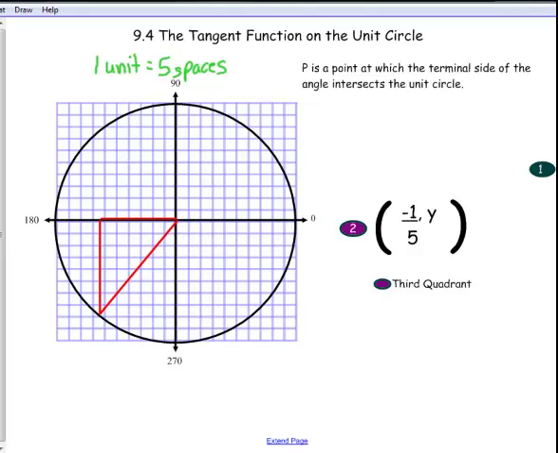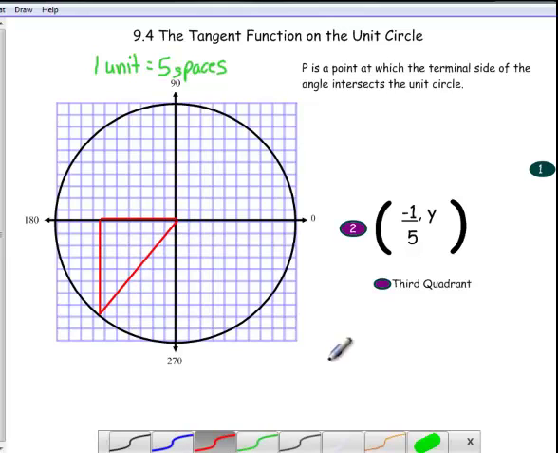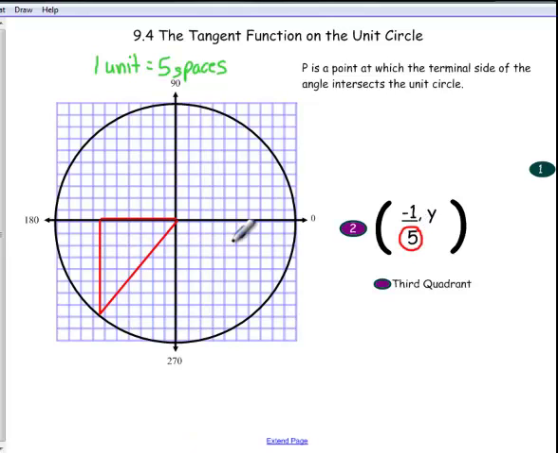All right, so now let's fill in the blanks. This is my hypotenuse. I'll put a 5 there. This is the cosine, the x value, so I went over -1. Now I've got to figure out what this y is right here. Well, it's the Pythagorean theorem because this is a right triangle.